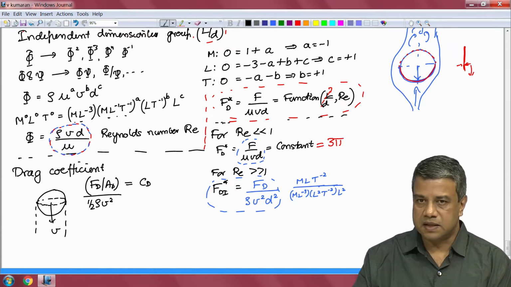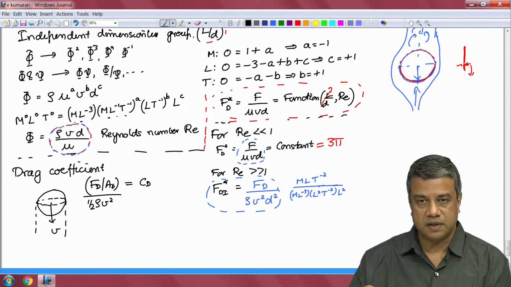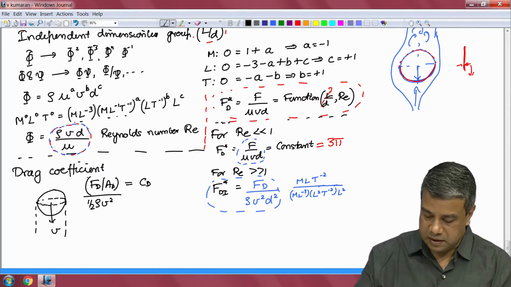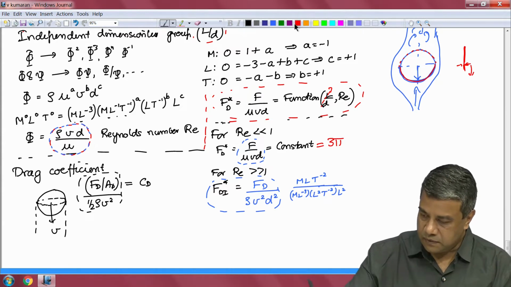That is basically an average pressure difference between the upstream and the downstream sides, scaled by inertial effects, that is the density, velocity and diameter. If you do the dimensional analysis, you will find that this is the dimensionless group. In the denominator, I have half rho v square.